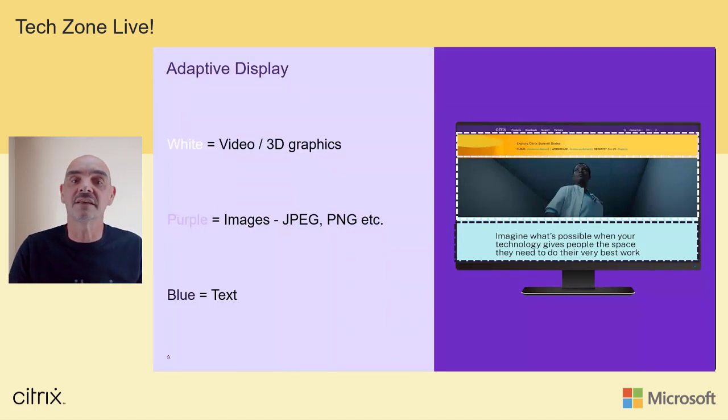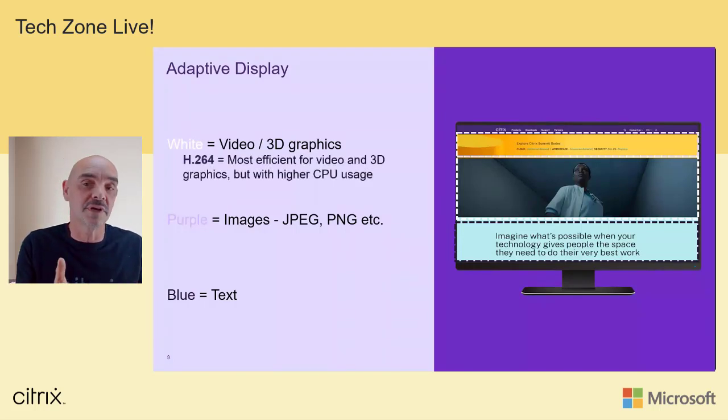Instead of selecting a single encoding scheme, we let the protocol decide how to encode portions of the screen. That's important, portions. With adaptive display, we end up with the following. For video and 3D, highlighted in white, we use H.264 because that's best at optimizing rapidly changing content. But you don't want to use H.264 for the whole screen because it has a high hit on CPU usage.